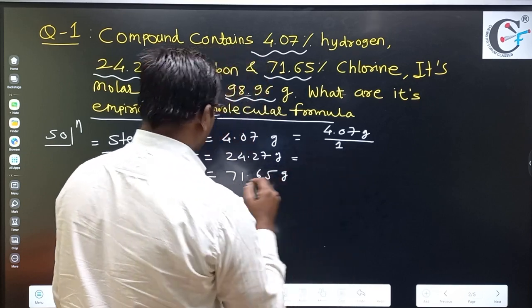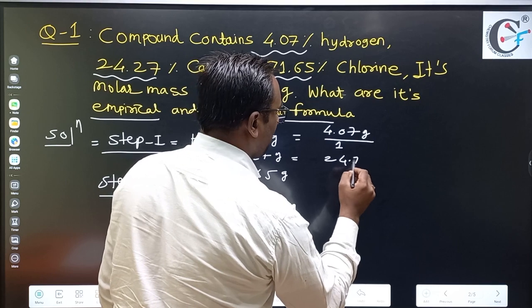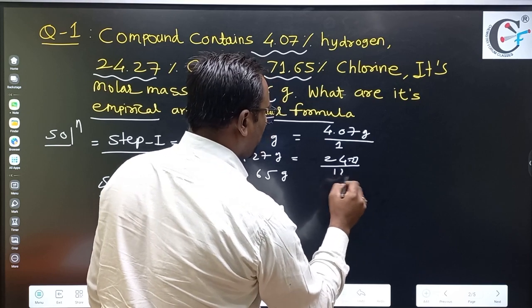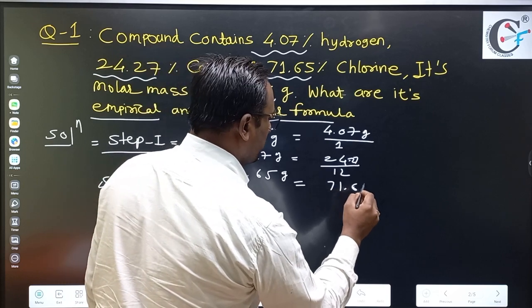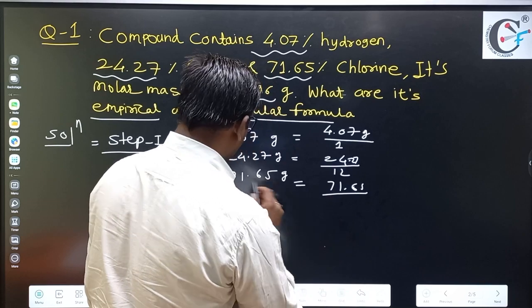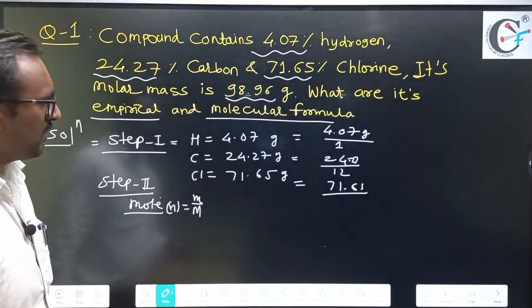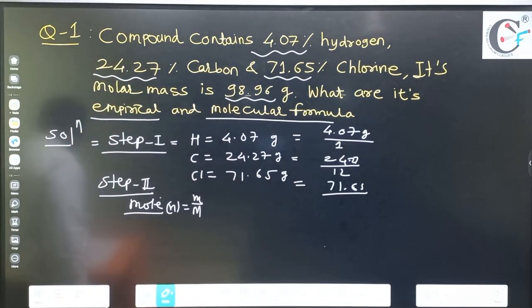Now for carbon, the given mass is 24.27 divided by 12, and for chlorine it is 71.65 gram, the given quantity, and the molar mass of chlorine is 35.